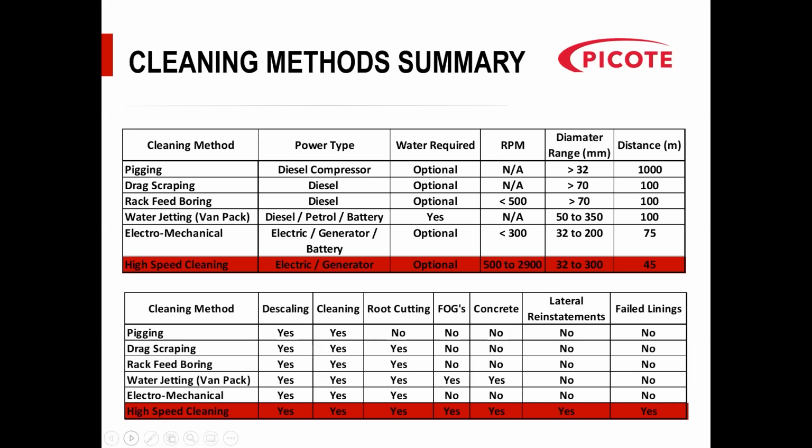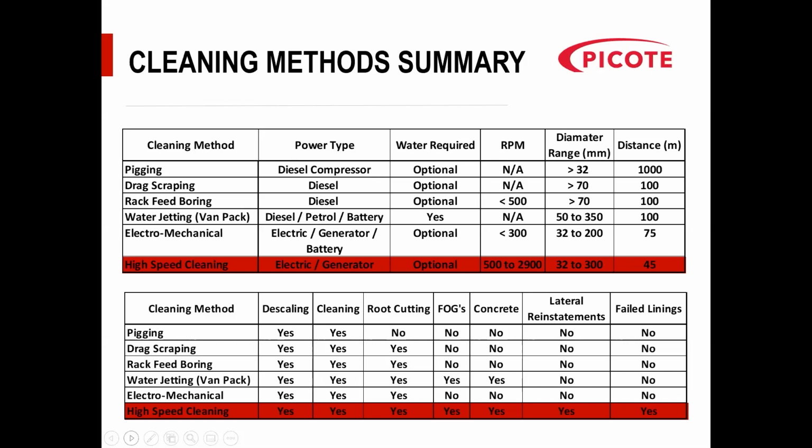Cleaning method, the table below explains what method you can use for cleaning, what's suitable for descaling, root cutting, removing fats, oil and grease, concrete, lateral reinstatements and failed liners. And you'll see there that with the high speed, because of the speeds that we operate at, it's great for descaling, good for cleaning, unblocking, excellent at root cutting.